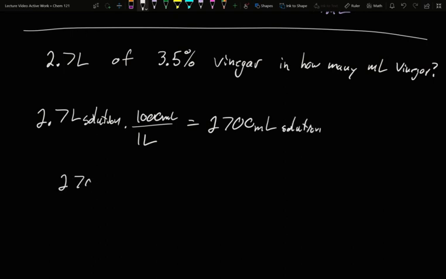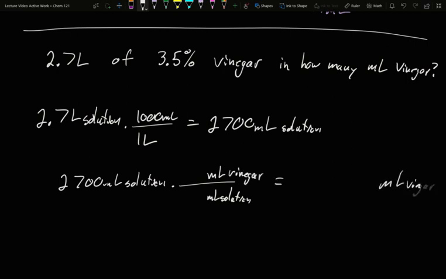So I have 2,700 milliliters of solution, and I want to get out of milliliters of solution and into milliliters of vinegar. Well, it's 3.5%. So this is going to be 3.5 milliliters of vinegar over 100 milliliters of solution. I suppose this should have been volume to volume, though we did describe it that way in the initial bit.